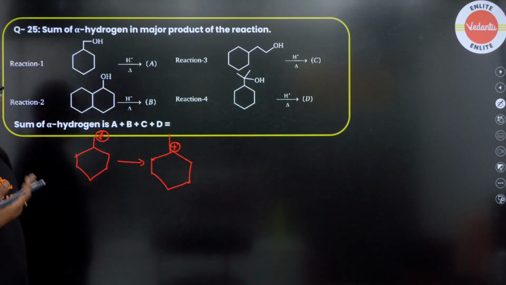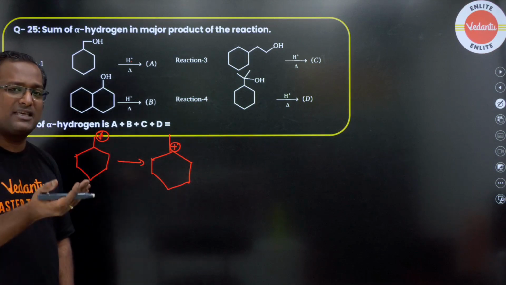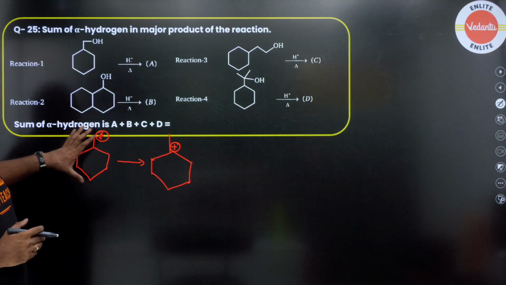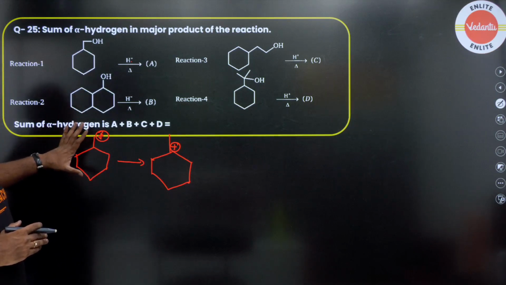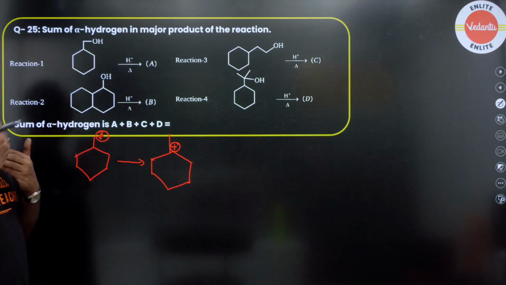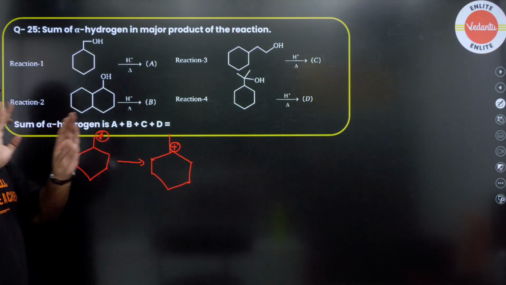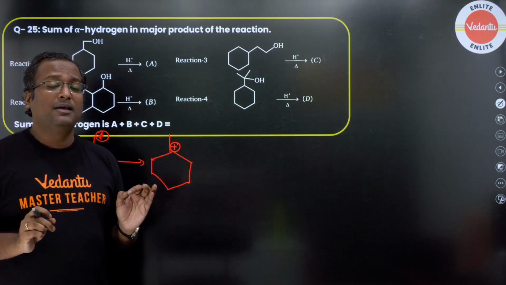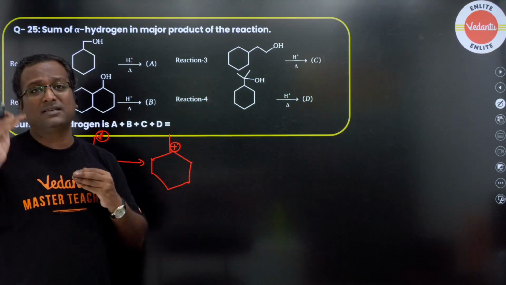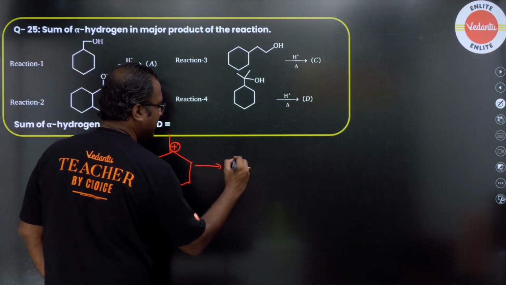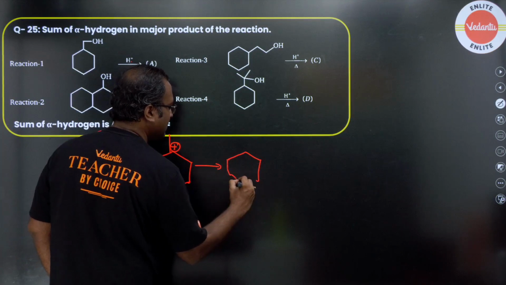Now, in general, a positive charge which is outside a 6-member ring cannot come inside a 6-member ring, but such a direct simple case is possible. When you have a 6-member ring and outside a methyl with a positive, nothing else is attached to the ring, nothing else is attached to the methyl, only then the positive charge can come directly inside the ring. So this gets formed and finally converts to an alkene.